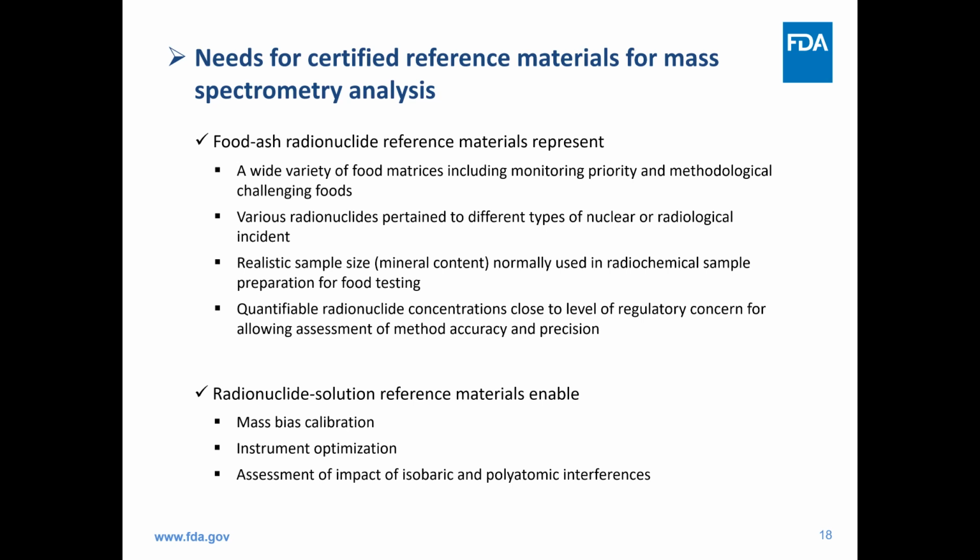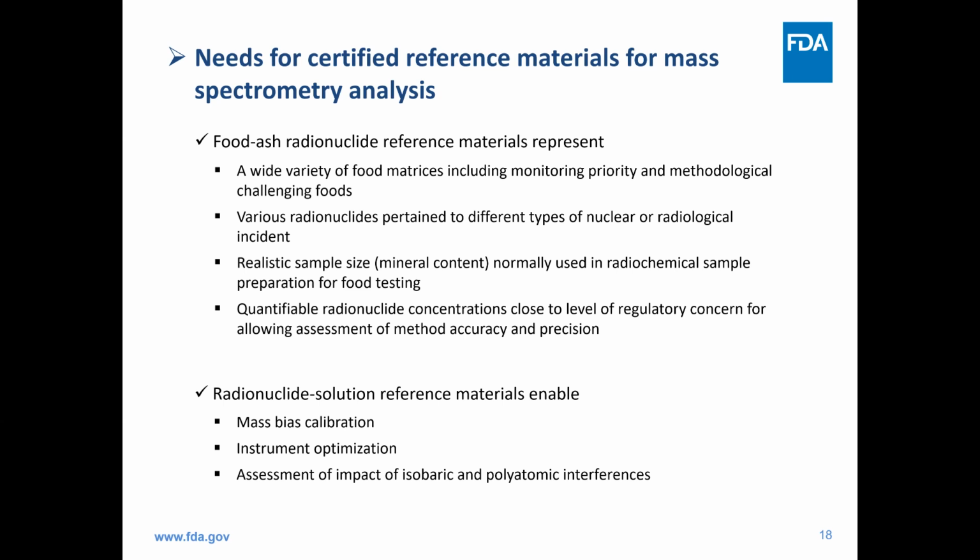So you want to use a standard reference that is really relevant to the method that you are working on. Different radionuclides pertain to different types of nuclear radiological incidents, so we need the relevant radionuclides in the reference material so it can be used.